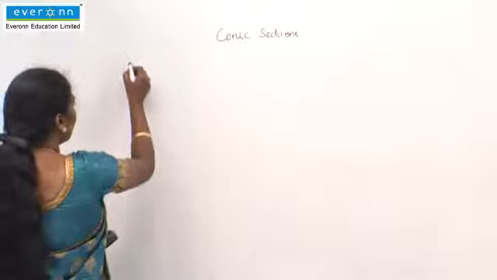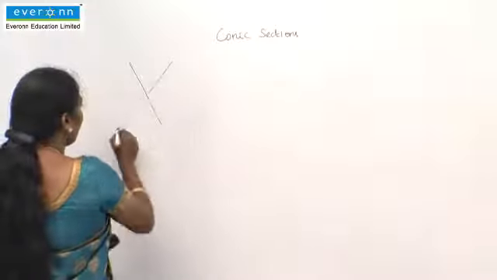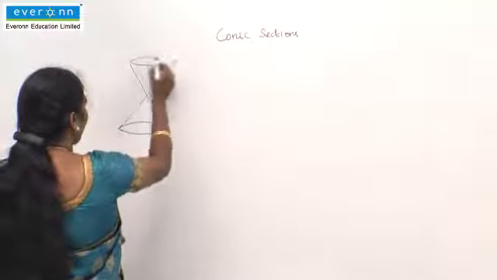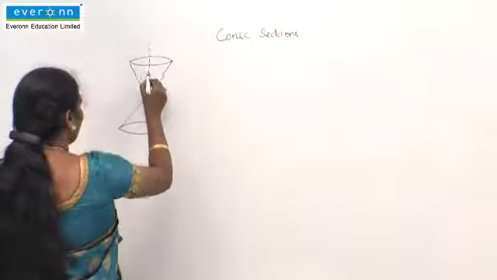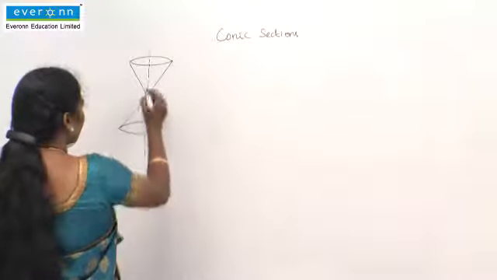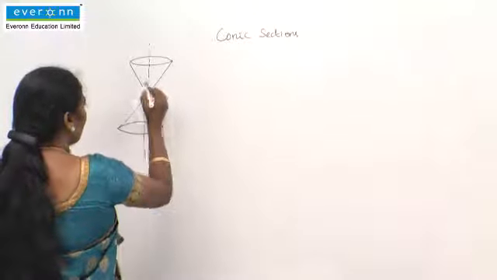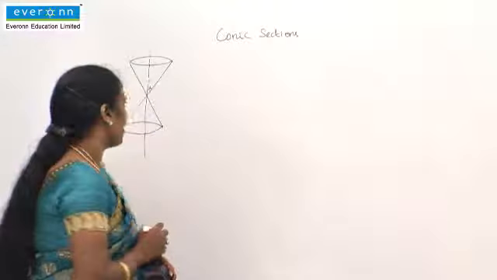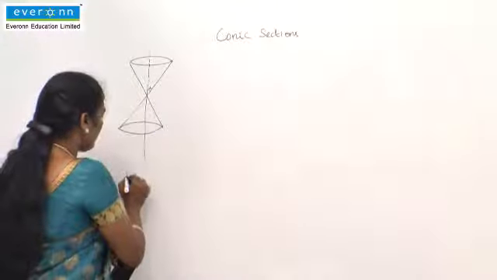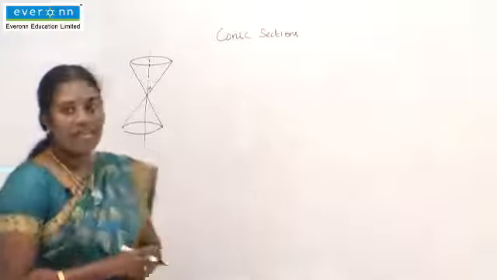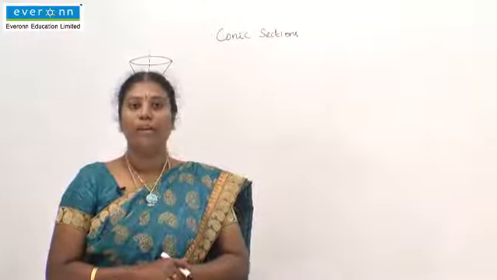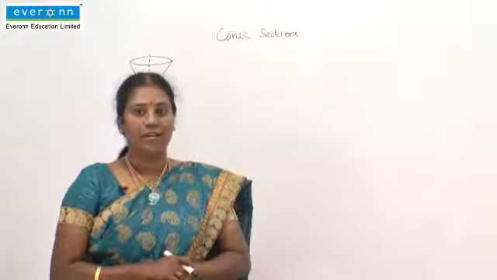Let us consider a double naped cone. Alpha is the angle between the fixed line and the generator line. Here we are going to take another angle beta. So, beta is the angle between the plane and the fixed line.